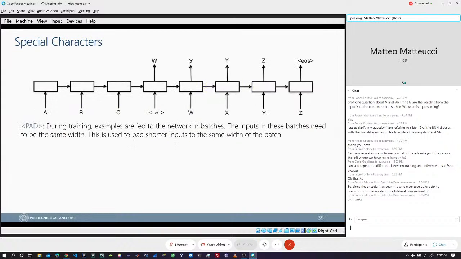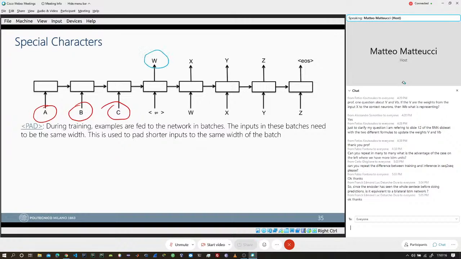To train this network, you need to prepare the data in a particular way. You have to write the sentences which are the input here and the output of the network. So let me use the colors that are more or less in the slide.